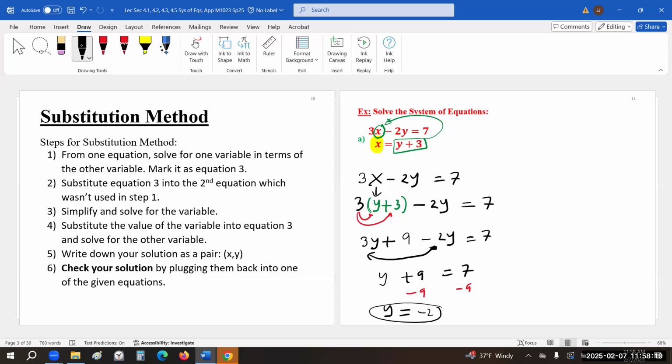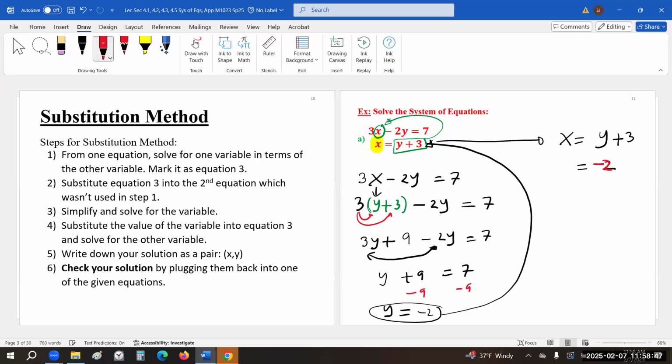So what you do, you take this y and substitute into the second equation. The second equation is telling us that if x is whatever you have for y, add the 3 to that. So we found our y is negative 2. So we add 3 with the negative 2.